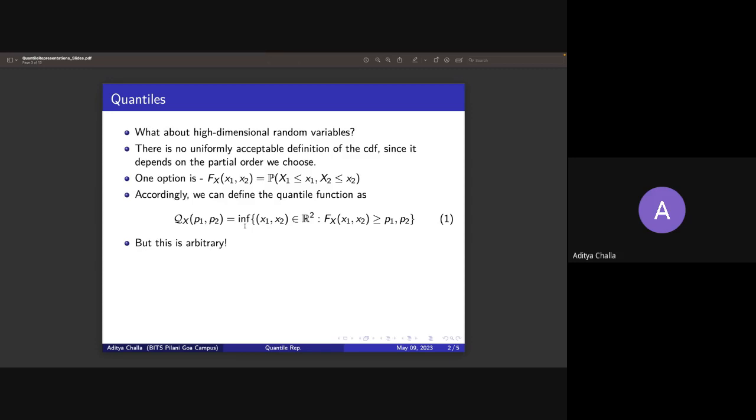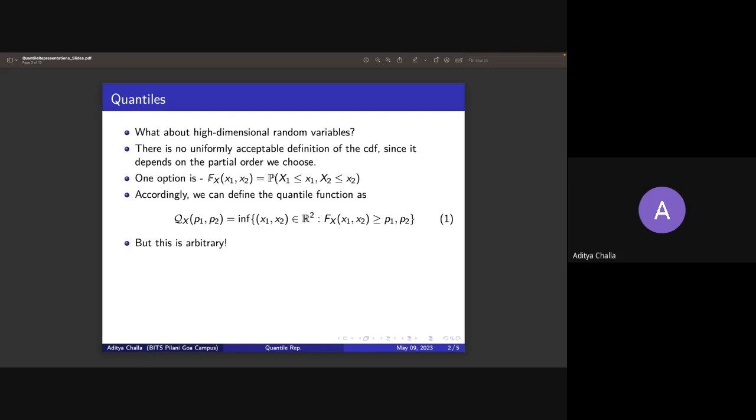The problem is there is actually no uniformly accepted definition for the high dimensional CDF. It entirely depends on the partial order you choose. For instance, the classic definition would be: x1, x2 is less than x3, x4 if x1 is less than x3 and x2 is less than x4.